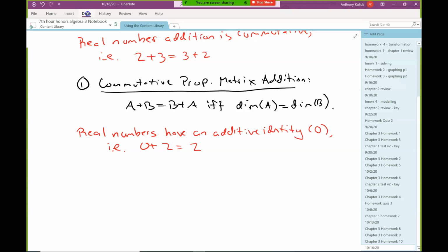But that additive identity is unique for that dimension. There's only one 2x2 matrix that acts like the number 0. But there are lots of these because you need one for every dimension. Is everybody okay with that idea? Okay.